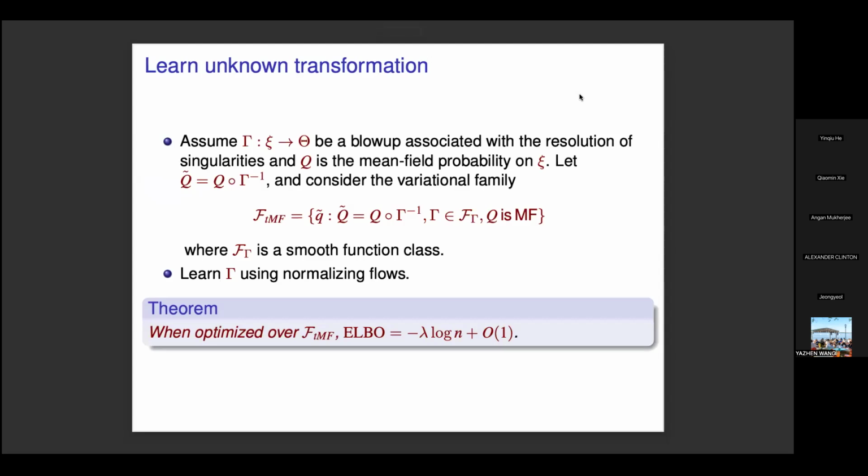It turns out you can actually learn the transformation under some conditions. So if you consider a slightly more expressive variational family by pushing forward your mean field onto the space of the transformation and learn the set of all transformations using normalizing flows, you get back the same result.